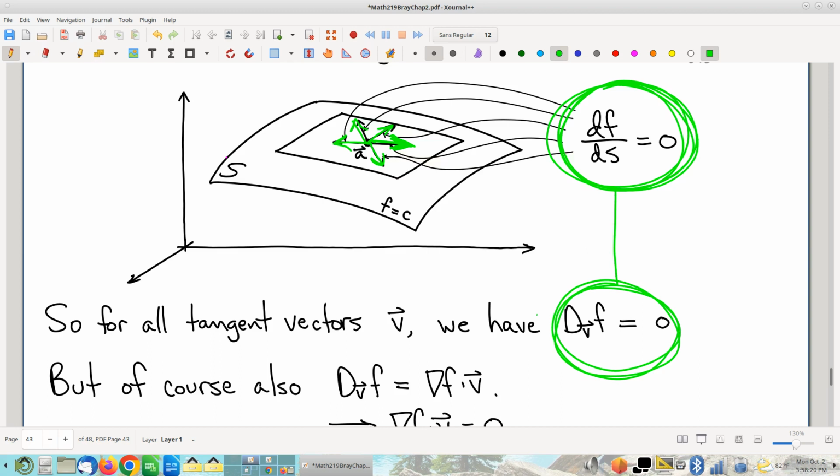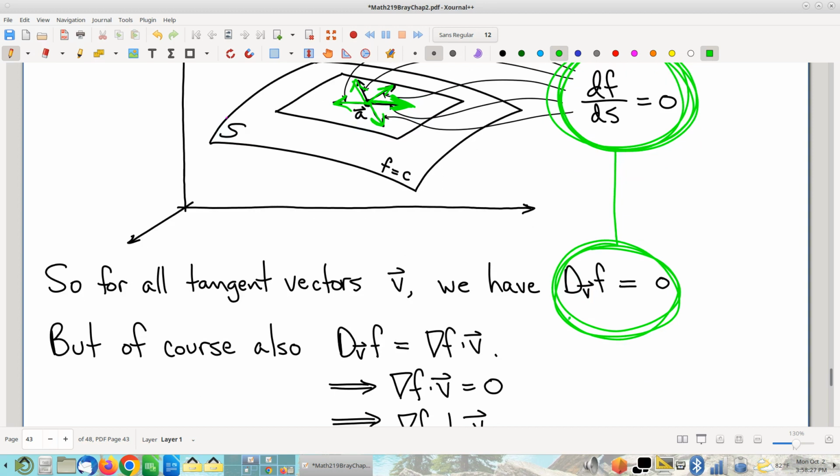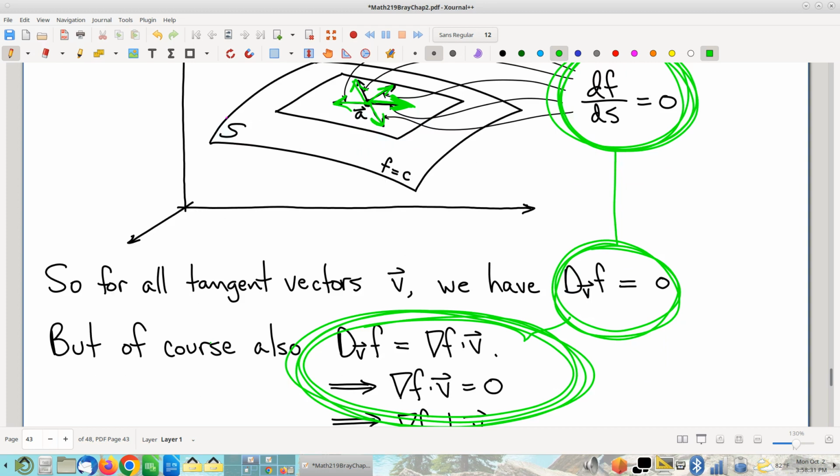So if df ds is 0, that means the directional derivative is 0. And of course, directional derivatives are computed with dot products. That means these dot products are all 0. Now, that's a heck of a statement. Every one of these tangent vectors to the surface, its dot product with the gradient is always 0.